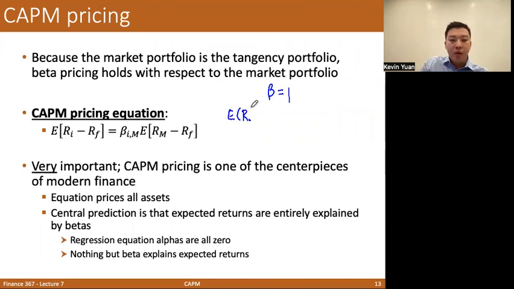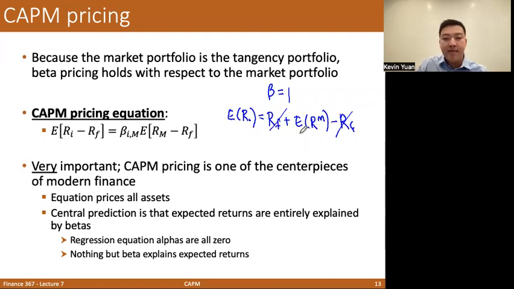So the expected return of my asset is equal to the risk-free rate plus, since beta is equal to 1, the expected return of the market minus the risk-free rate. And of course, the risk-free rates cancel. So at beta equals 1, I get exactly the return of the market.